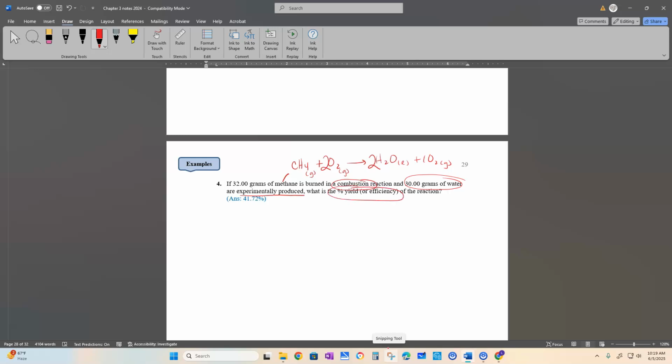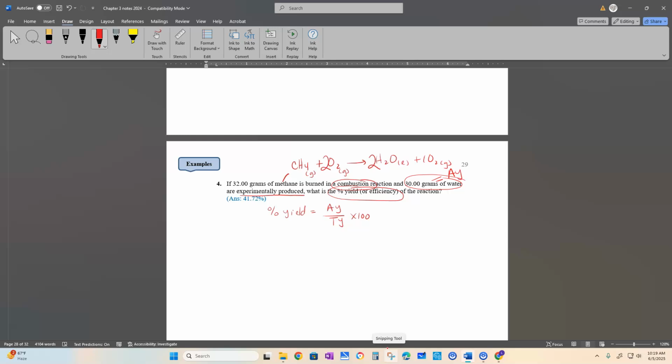Well, first, for percent yield I need to know actual over theoretical times 100. So I have my equation. I always need an equation. Experimentally produced just told me that's what I actually produced of water.